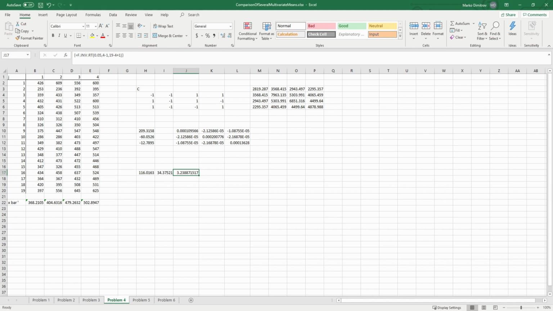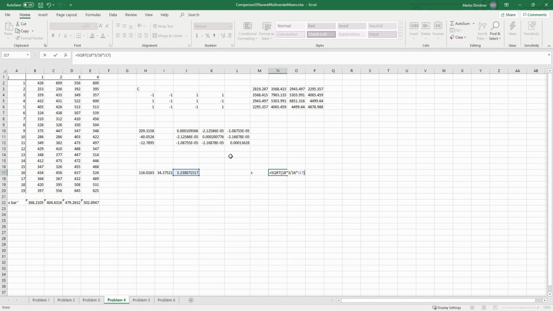To see which of those combinations affected our conclusion, we will compute our confidence intervals. So first we would need our constant c. Our constant c would be the square root of 18 times 3 divided by 16, times our Fisher.